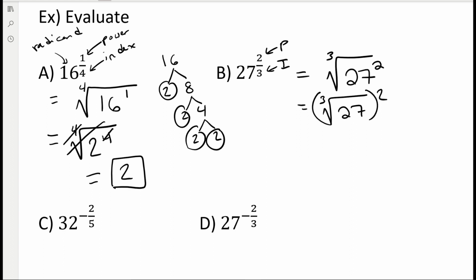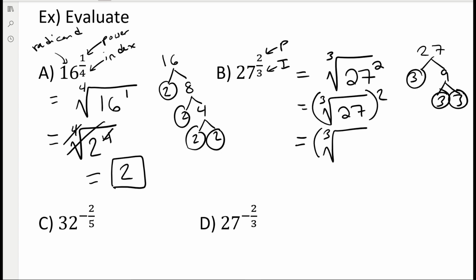And then I can focus on the cube root part. What number, when I multiply by itself 3 times, will give me 27? Well, 27 is 3 times 9, and 9 is 3 times 3. So I got 3 3's there. So 3 to the third power gives me 27. So I can rewrite this as the cube root of 3 to the third power, squared. And now I know that the cube root and the cube cancel, and I'm left with 3 squared. Well, what's 3 squared? That's simply going to be 9.